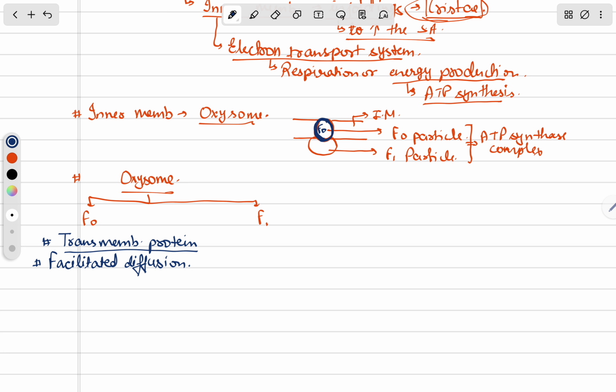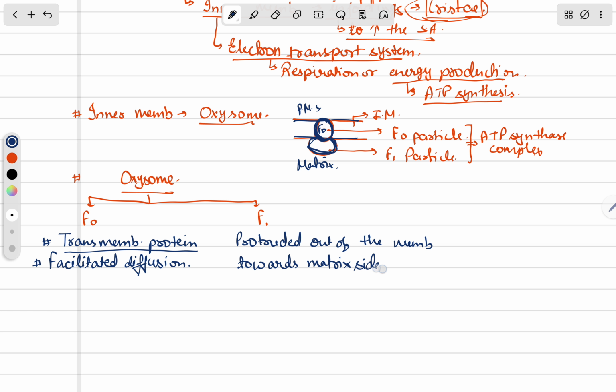While if we compare it with the F1 particle, this is the inner membrane. Outside the inner membrane, we have the perimitochondrial space, and this side is the matrix side. So the F1 particle is protruded out of the membrane towards the matrix side, right? So that is the difference between the F naught particle and the F1 particle.